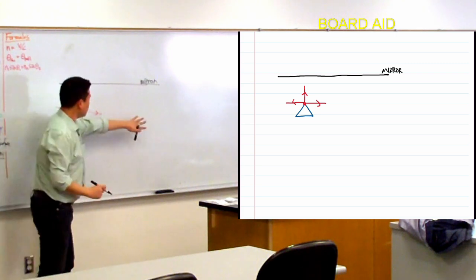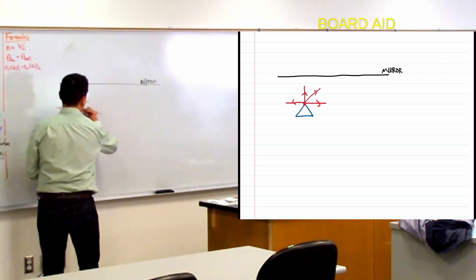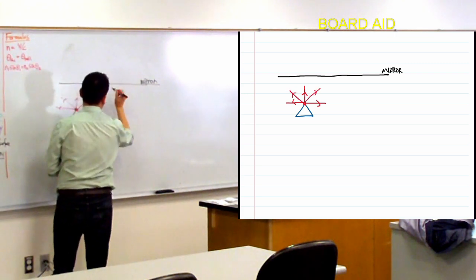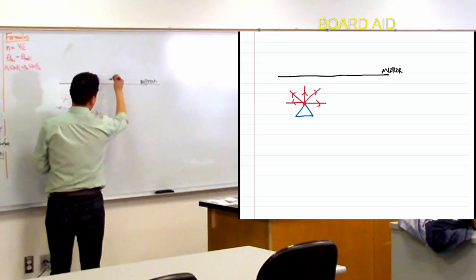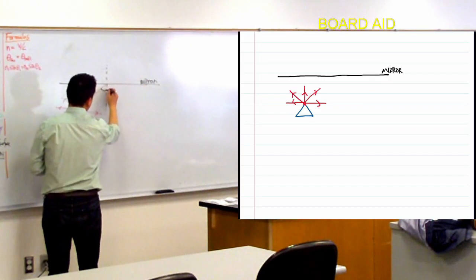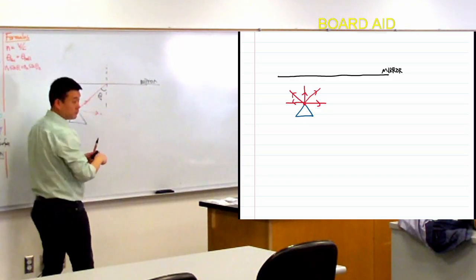And for a particular person here, this particular ray of light would hit off of the mirror, and it undergoes reflection the way we were describing last week.